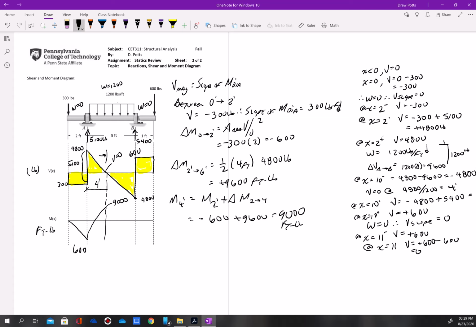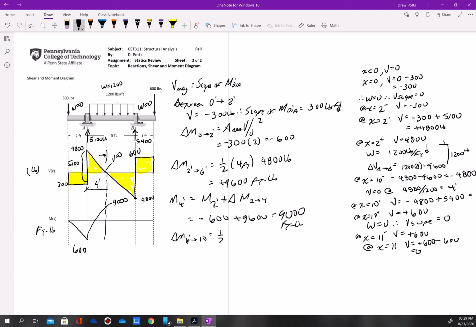Again, foot-pounds. Then the change in moment from 6 feet to 10 feet, right?